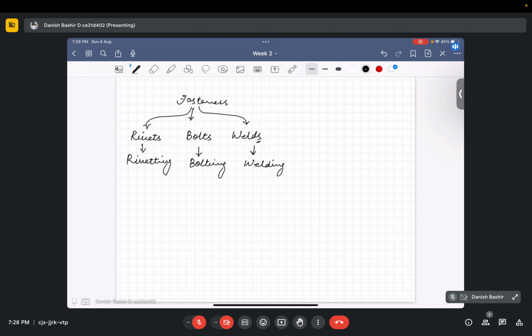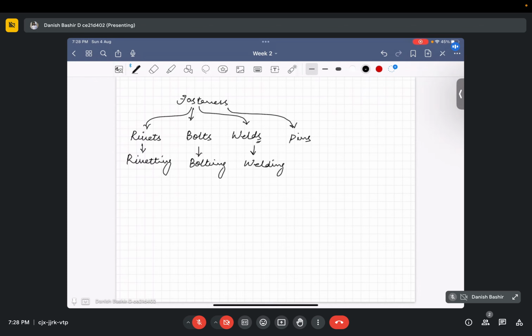It depends upon the members. Or we can have pins also; pins are sometimes used. The forces exerted by one element on another are transferred through these fasteners.